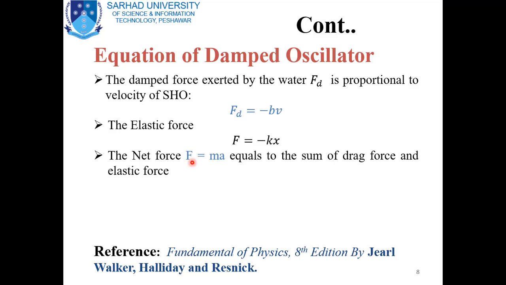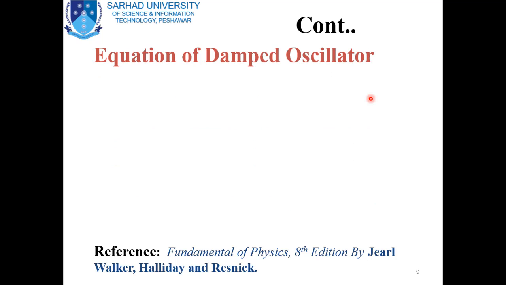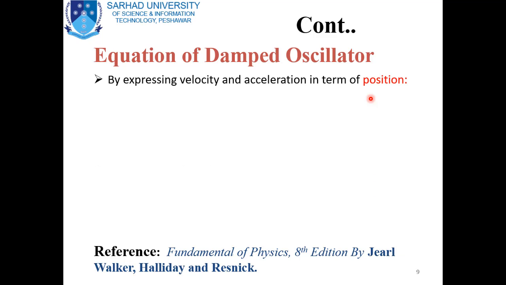So the net force F equals the sum of the drag force and the elastic force, and is given by minus Kx minus bv equal to ma. This is the total force acting on the oscillator. Now, in order to develop the equation for the damped oscillator, we must express the velocity and acceleration in terms of position.